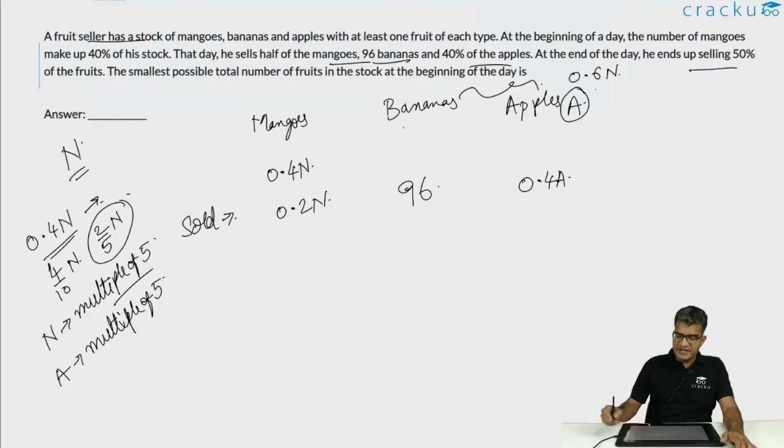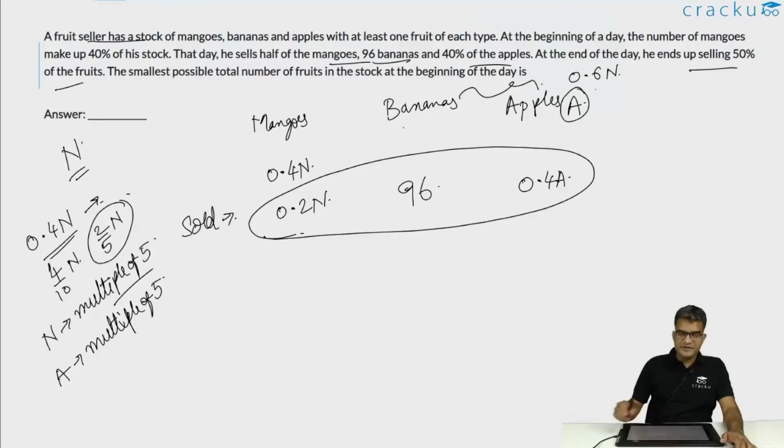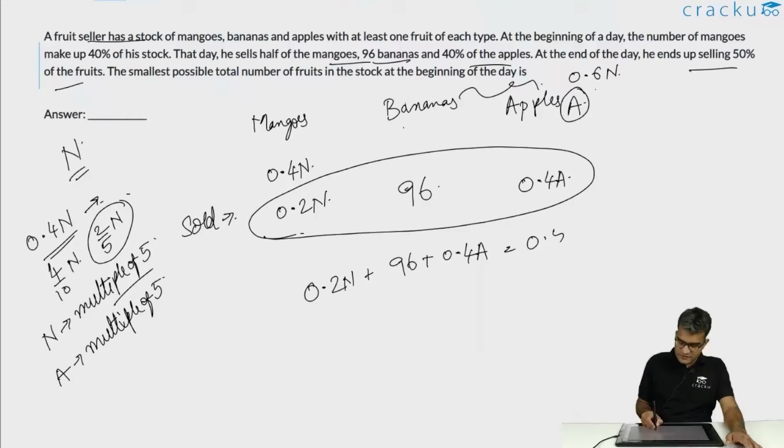And at the end of the day, he ends up selling 50% of the fruits. So basically, this will make up 0.5n, because this is 50% of the fruits. So 0.2n plus 96 plus 0.4A is equal to 0.5n, which is 50% of the fruits he had originally.